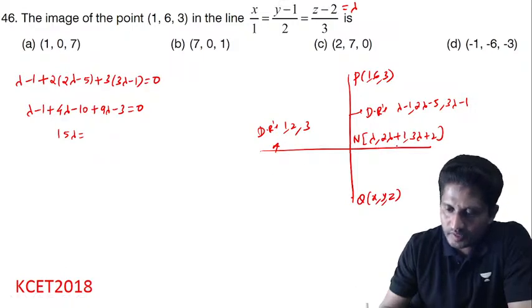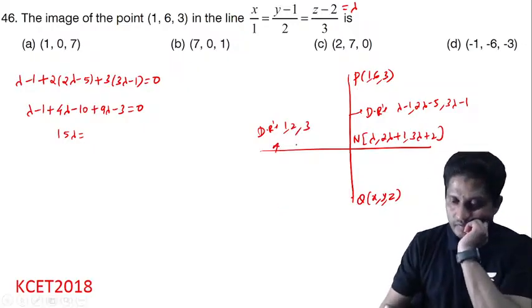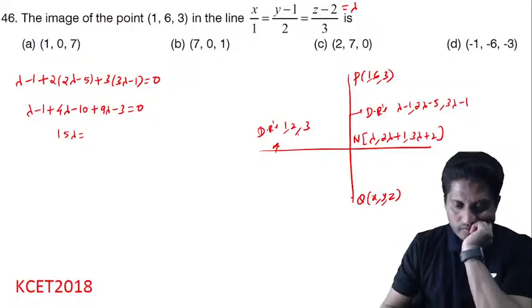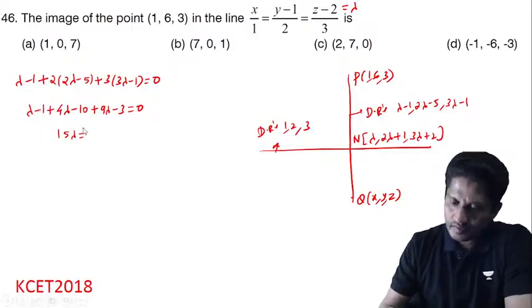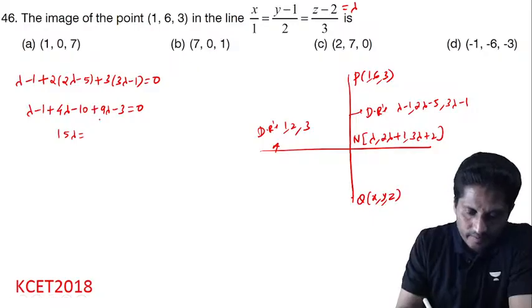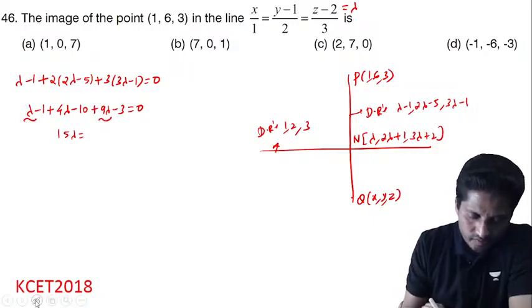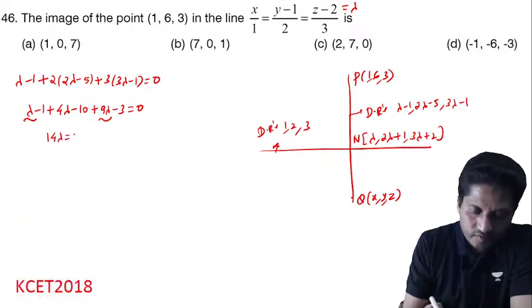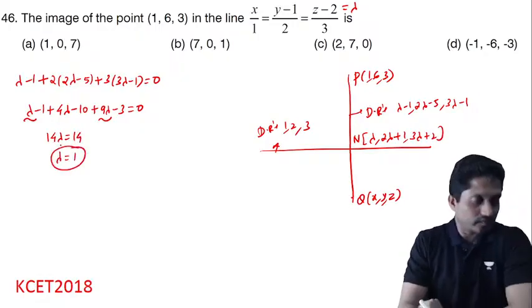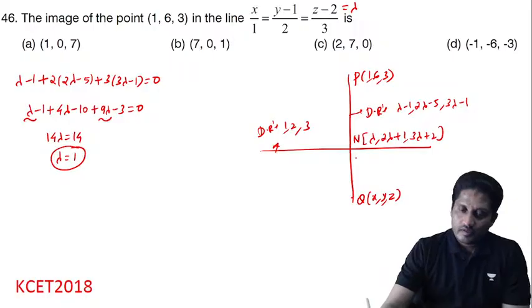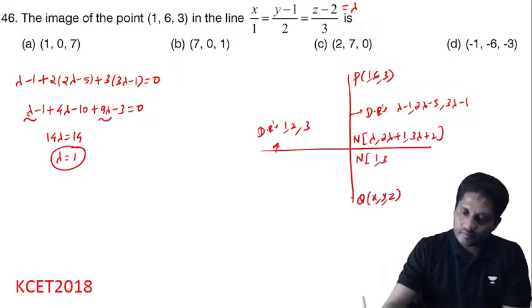Lambda, 2 lambda plus 1, 3 lambda plus 2, then subtract and multiply the DRs: lambda minus 1, 4 lambda minus 10, and then 9 lambda minus 3. Minus 1, minus 10, minus 3 is minus 14, and 1 plus 4 plus 9 is 14. We'll get 14 lambda is equal to 14, so lambda is equal to plus 1. Right, now if I substitute, the foot of the perpendicular will be equal to 1 comma 3 comma 5.